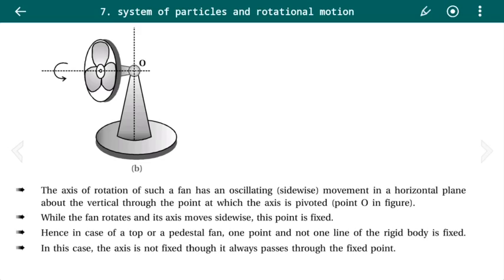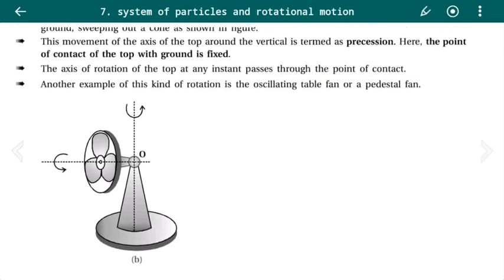In this case, the axis is not fixed, though it always passes through the fixed point. So whether you consider the spinning of the top or the pedestal fan, the point of contact is fixed, but the rotational axis changes, and this rotational axis passes through the point of contact. So, students, you may note down this theory.